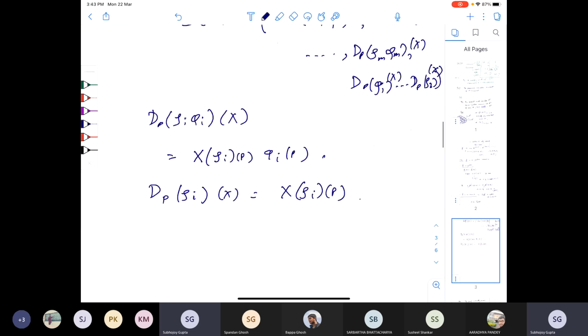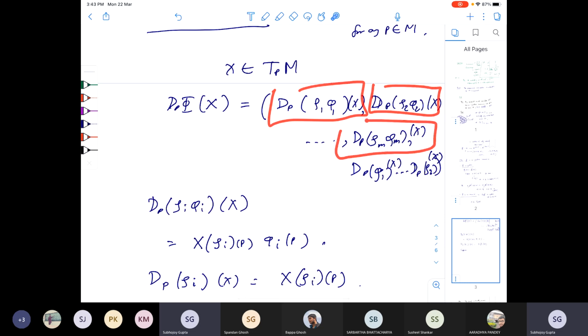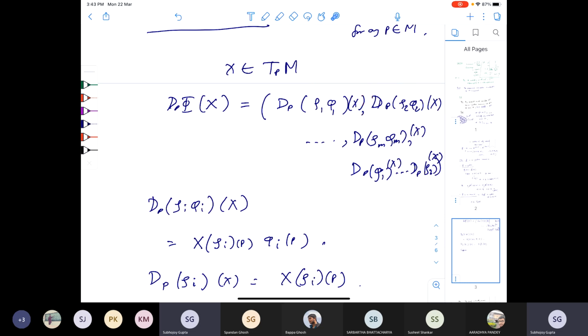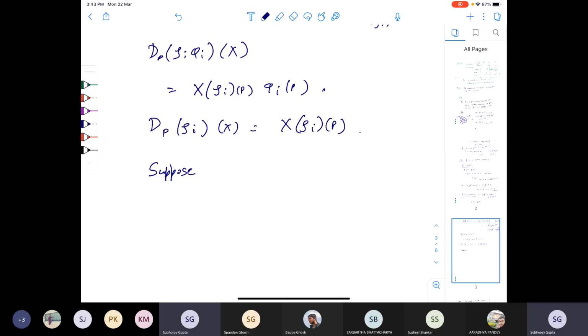Now suppose all of these are 0, right? That's what you want to check. You want to check that this dp of phi is injective. So if it happens that you get the 0 image, the image is some 0 vector, then all of these constituent terms are all 0. Then you want to say that this x you started off with is 0. That's how you can show that a linear map is injective, right? So suppose all of these are 0.